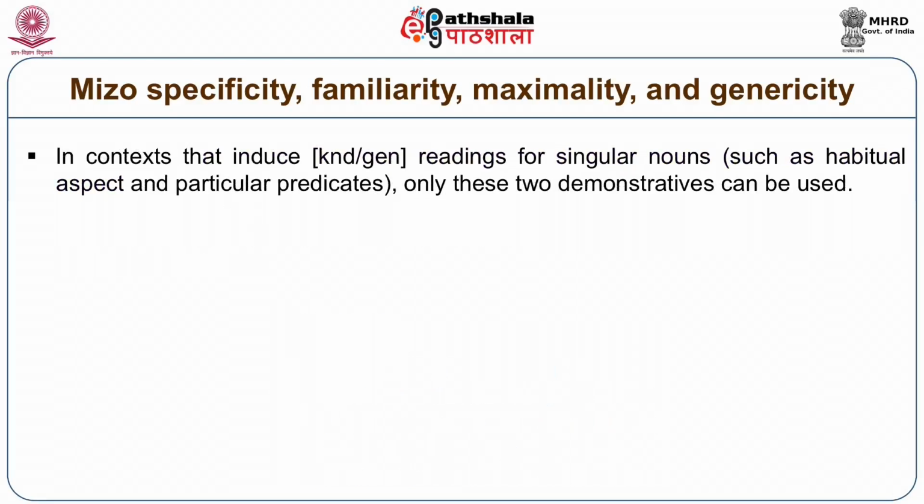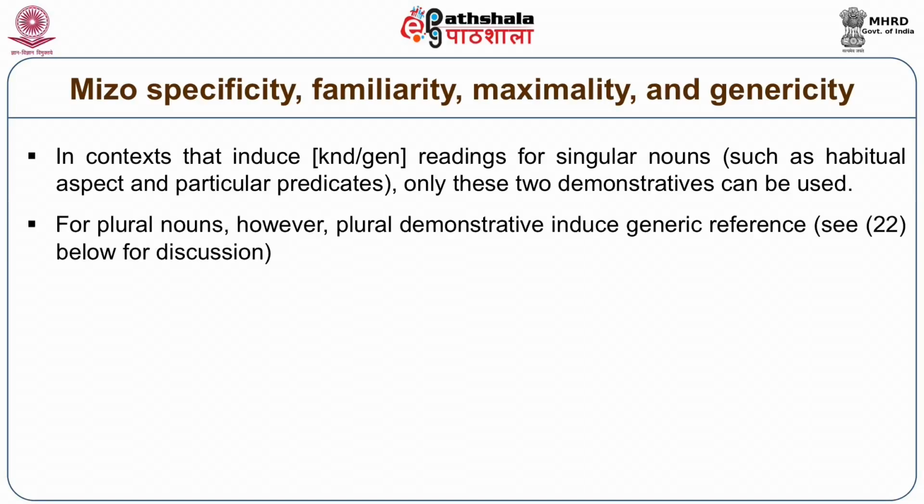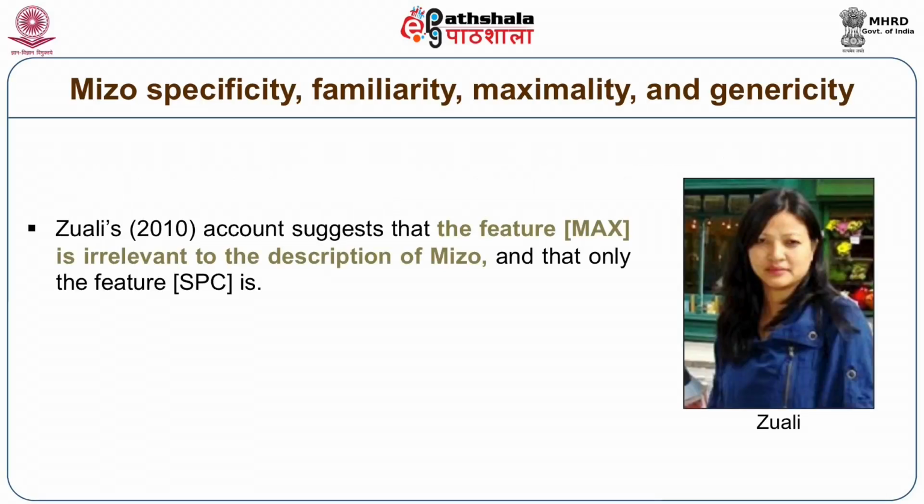In all contexts that generate kind or generic readings for singular nouns, such as habitual aspects and the choice of particular predicates, only these two demonstratives can be used. For plural nouns, however, plural demonstratives induce generic interpretations. Zwali's account suggests that the feature maximality is irrelevant for the description of Mizo and that only the feature specificity is.